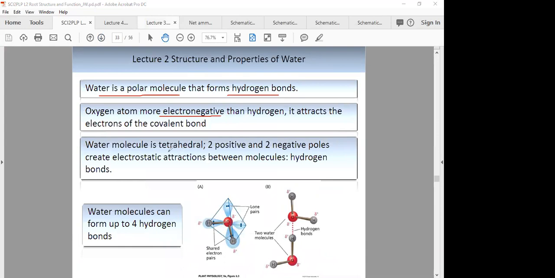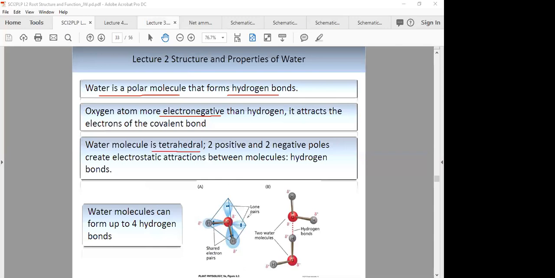Now here's a good one. The geometry of a water molecule is tetrahedral. What do we mean by that? How do you know when the geometry of a molecule is a tetrahedron? Who remembers the rules of determining molecular geometry?